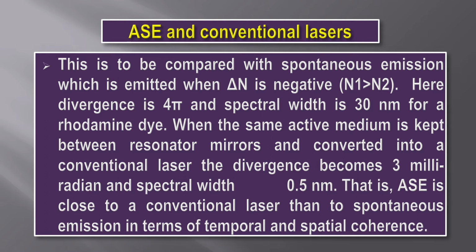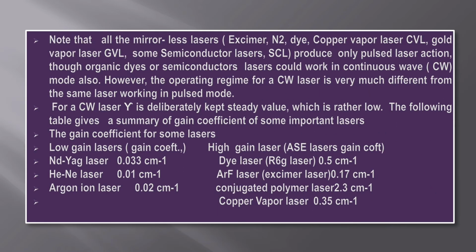So, let us say there are two types of lasers, low gain lasers and high gain lasers. Some examples of low gain lasers are the neodymium laser, the gain is 0.033 per centimeter, helium neon laser even less, argon laser again very low.